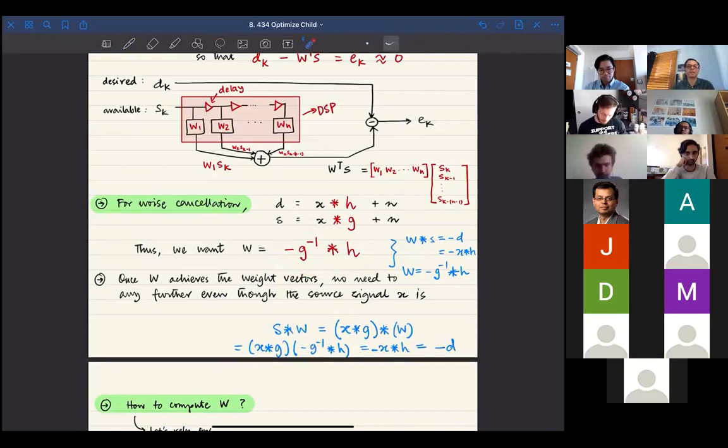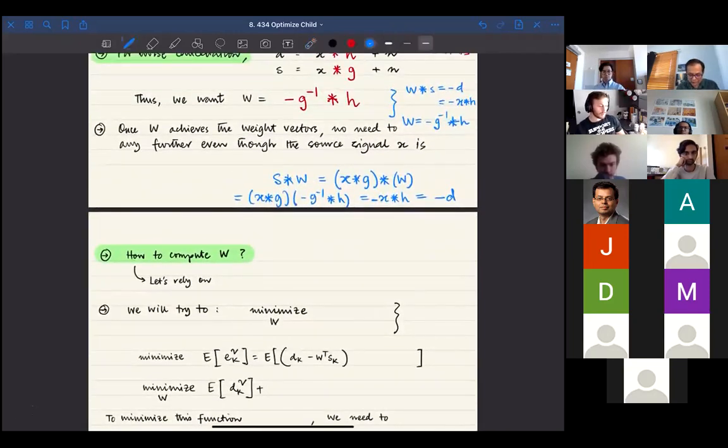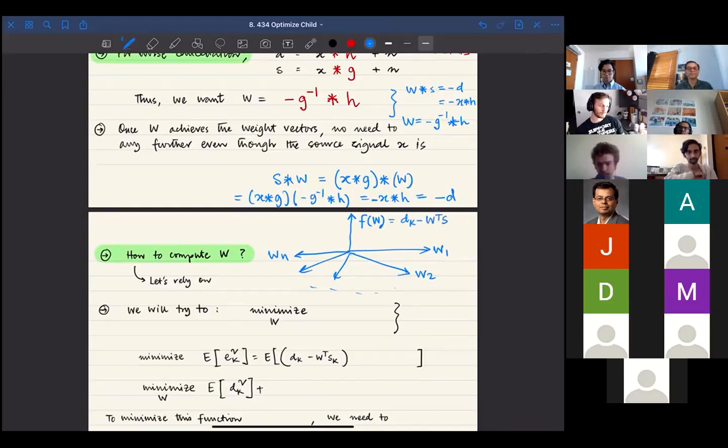This is where gradient descent will come in useful. W will keep trying to change. One way to think about it: I have a function whose domain is W1, W2, and so on till Wn. And my function f of W is basically dk minus W transpose s.